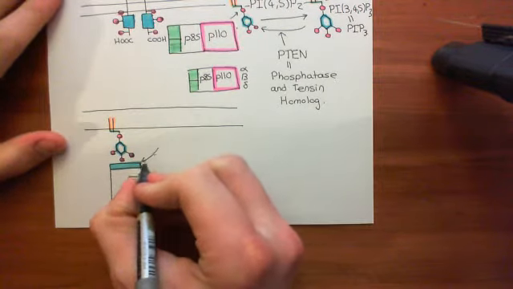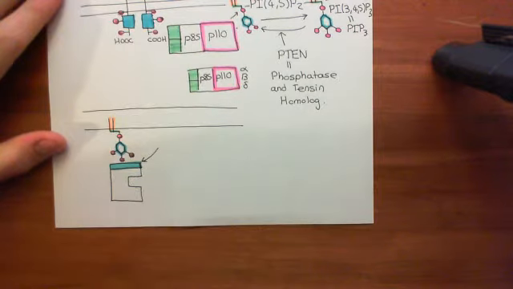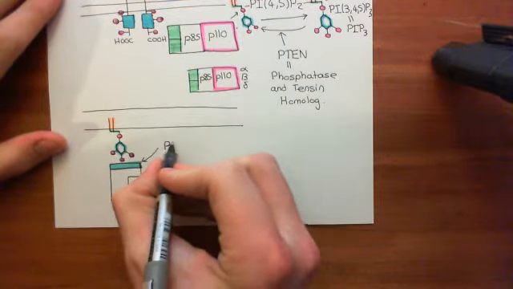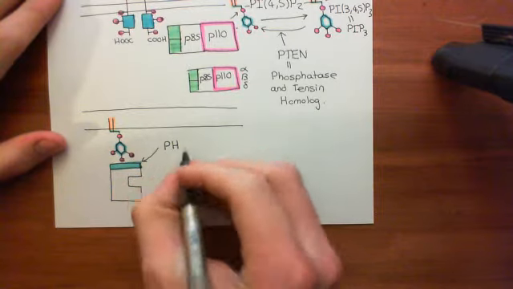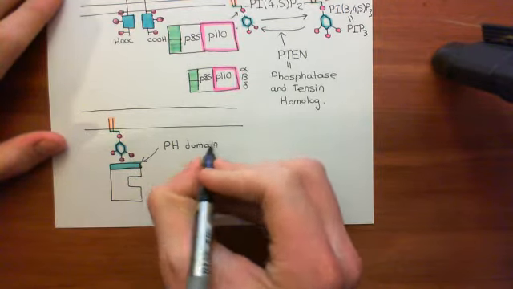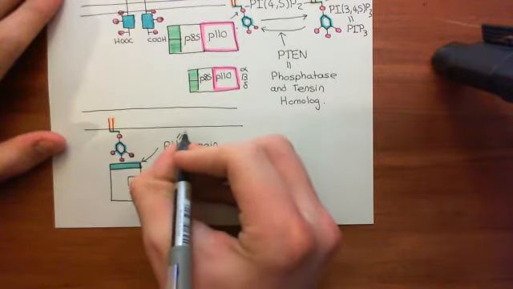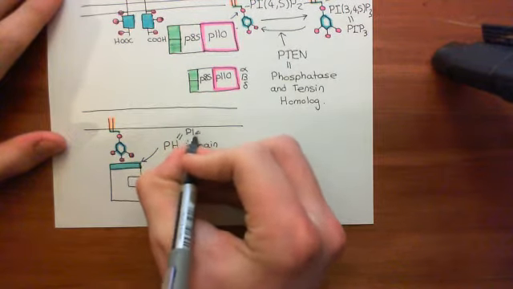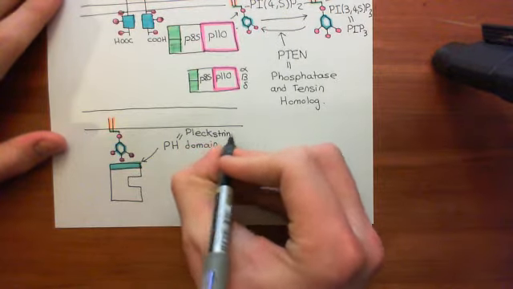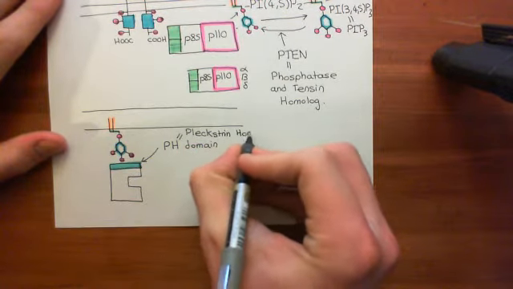We're now going to see another conserved domain that you find in many different proteins, but this time it's not going to bind to phosphotyrosine residues, but instead is going to bind to PIP3 molecules. And this is known as a PH domain, and PH is short for pleckstrin homology. So this is a pleckstrin homology domain.